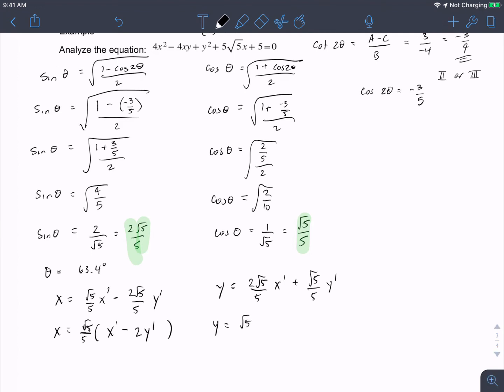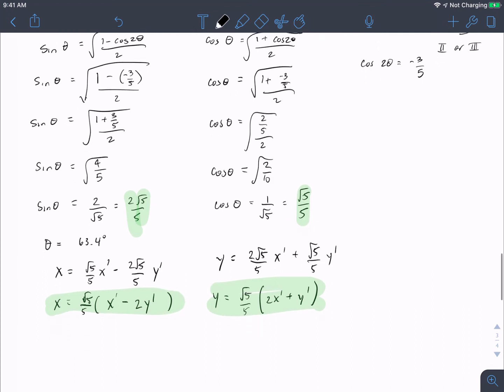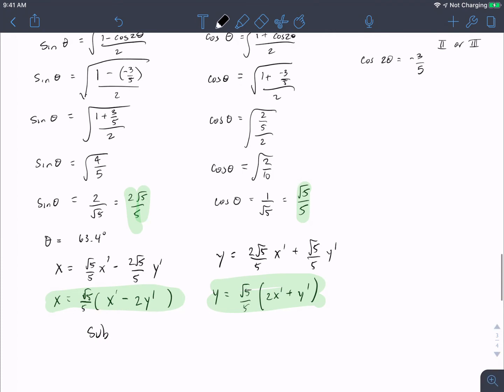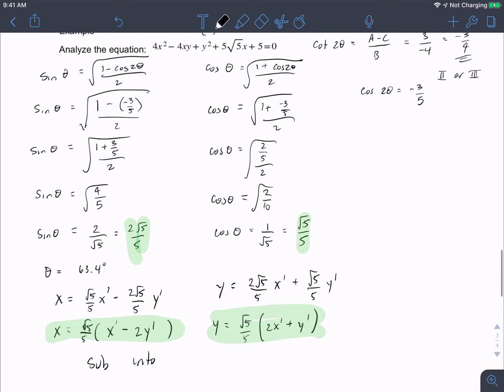I can pull out radical 5 over 5, and so I'm going to get 2x prime plus y prime, and there are my x and y value substitutions in terms of the new rotation that we've done. And now we have to use that to substitute into the original equation. So sub in for the x and y, and this is the equation just so we have it.